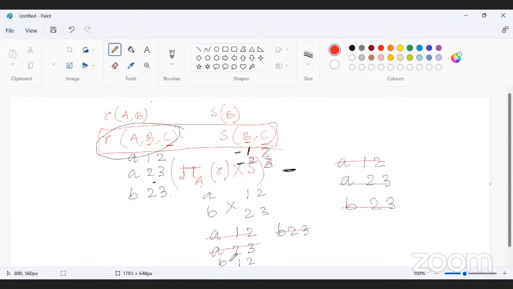So you got only one value, that is B 1, 2.